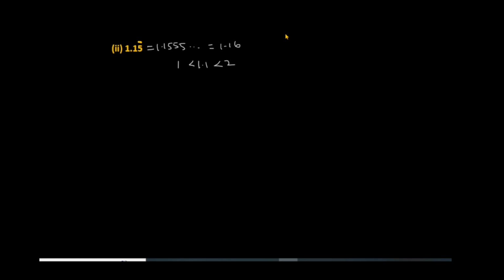Take a number line, 1 and 2, the numbers 1 to 2. So in between 1 and 2, 10 parts. First part 1.1, 1.2, 1.3, 1.4, 1.5, 1.6, 1.7, 1.8, 1.9 and 2.